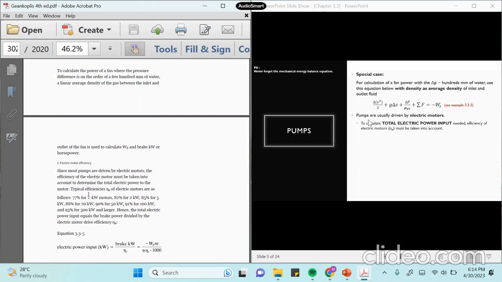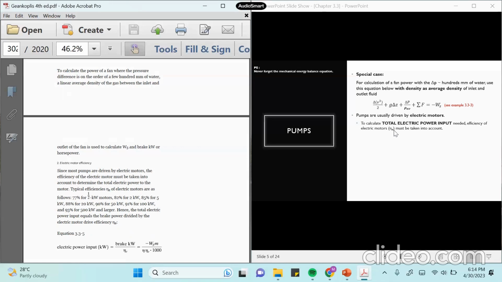Okay, we're going deeper. Pumps are usually driven by electric motors. If they don't have electric motors, then we don't know where the energy comes from. Now, to calculate the total electric power input that is needed, the efficiency of the electric motor, efficiency E, must be taken into account.